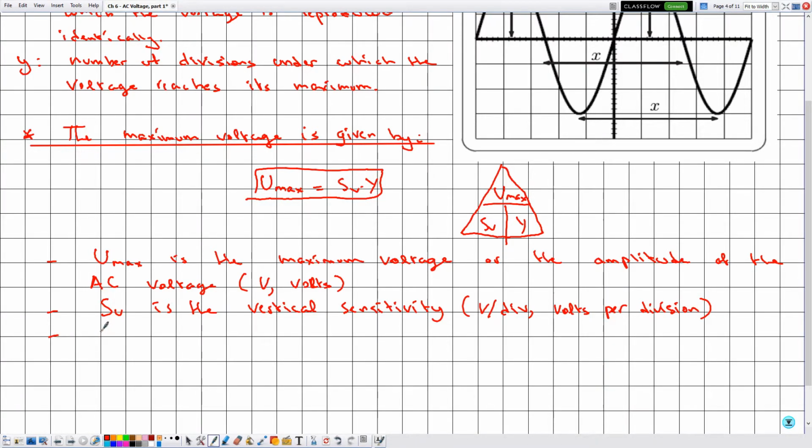Now as for y, y is the number of divisions along the y-axis, and the SI unit of y is given by div, which stands for divisions.